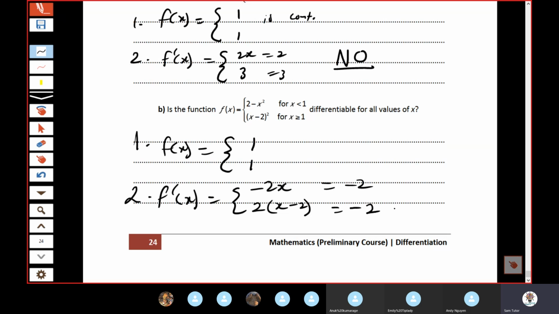Negative 1 times 2 is negative 2. That actually is a yes. Thanks, Anu, for saying that. That just changed the answer altogether. So it is continuous and it's differentiable. So is this function going to be differentiable for all the values of x? Yes, it is.